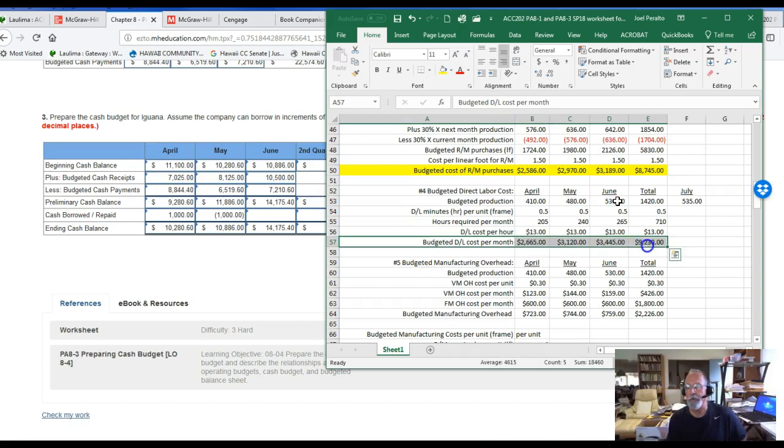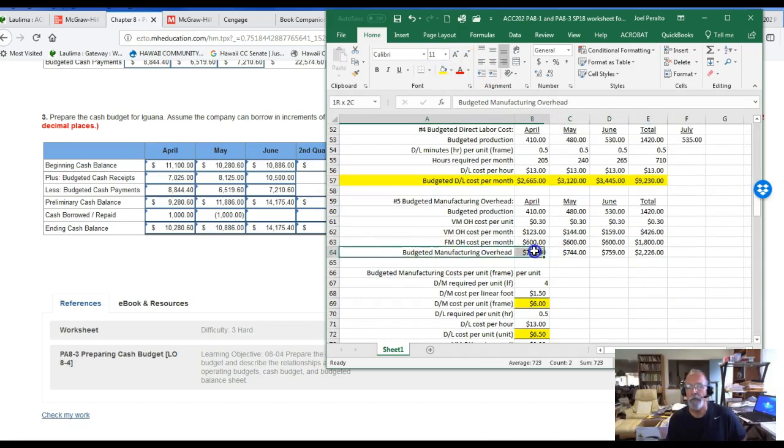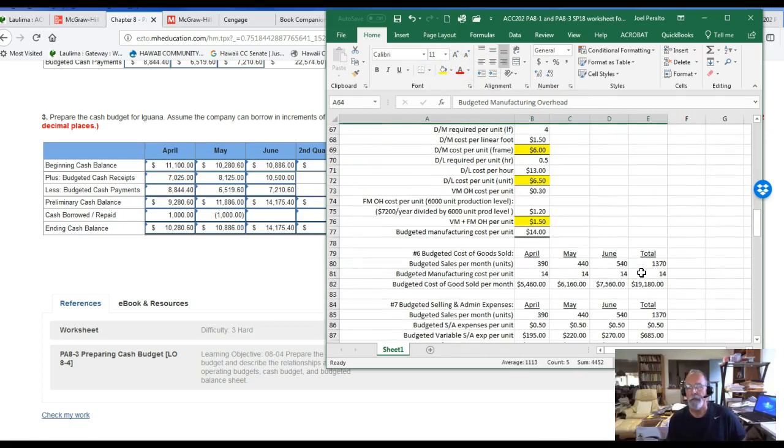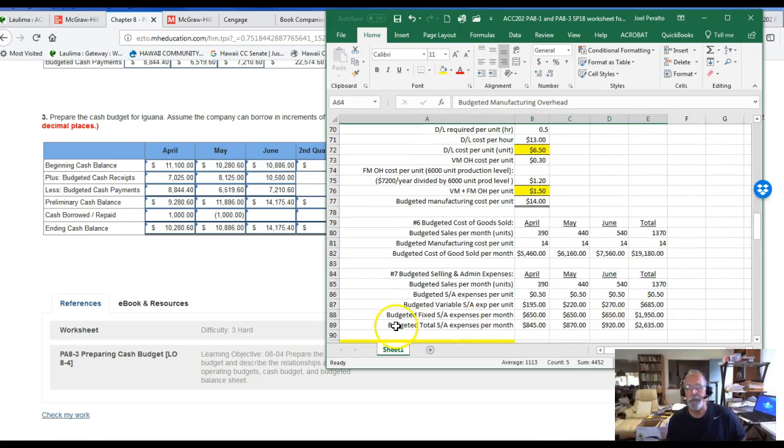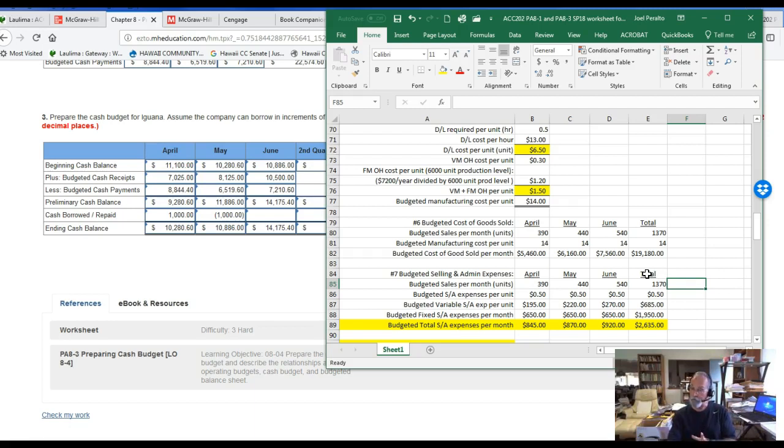Except it was for a different problem, and the numbers that we had to use were different in 8-1 compared to 8-3, but the calculations were done the same way.